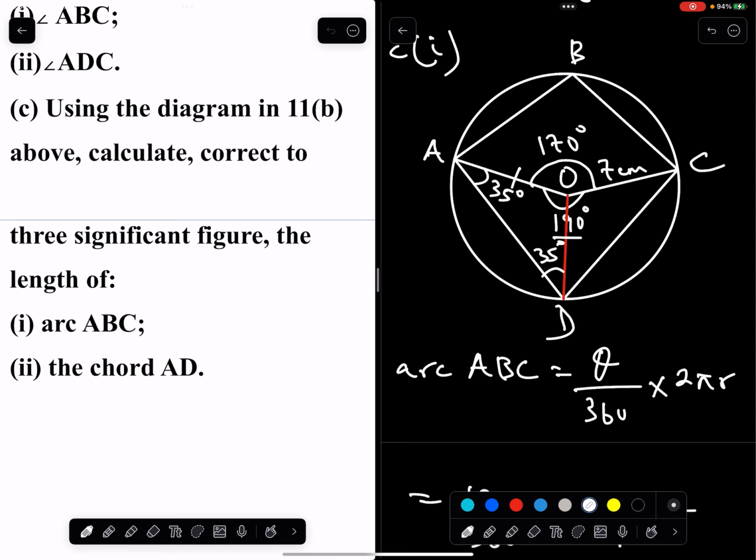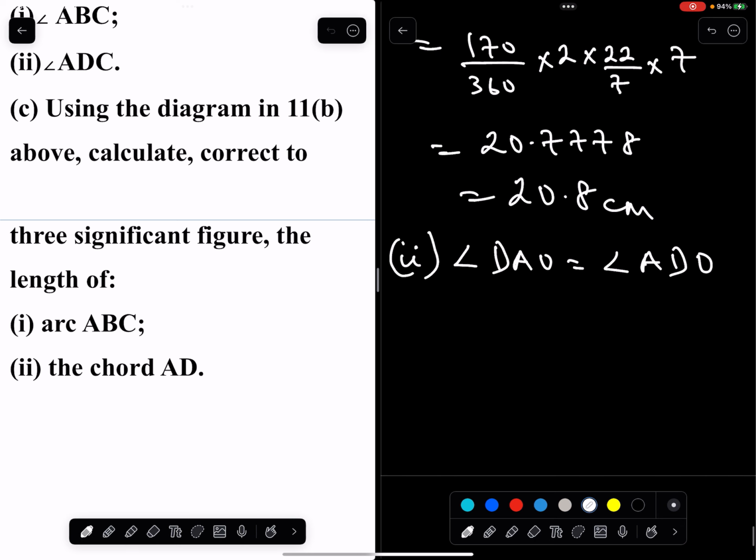So triangle AOD is an isosceles triangle and its base angles will be equal. Therefore angle ADO is also equal to 35 degrees.